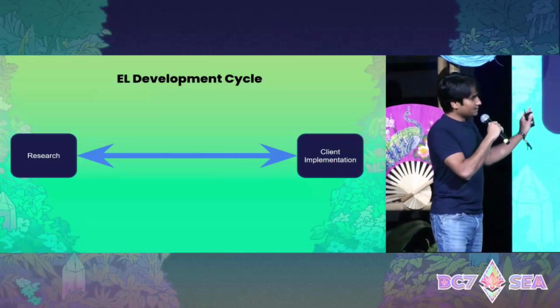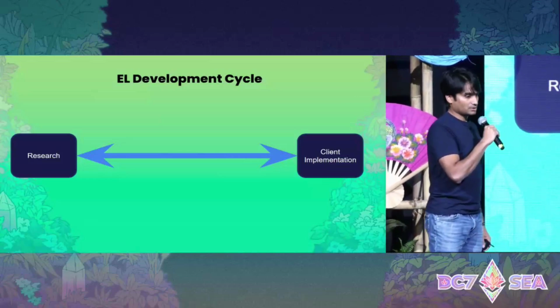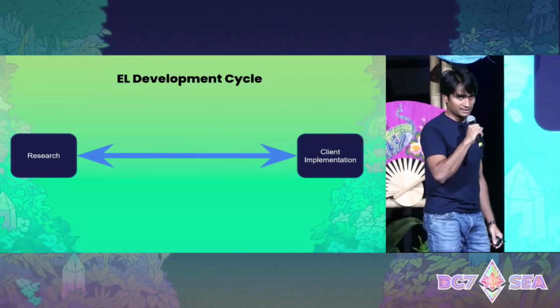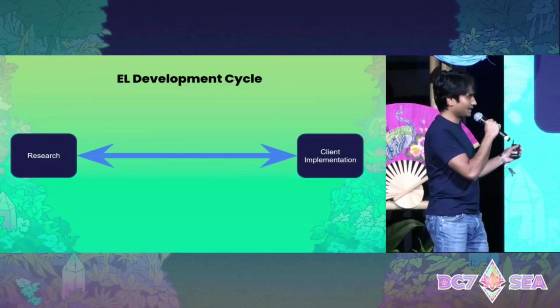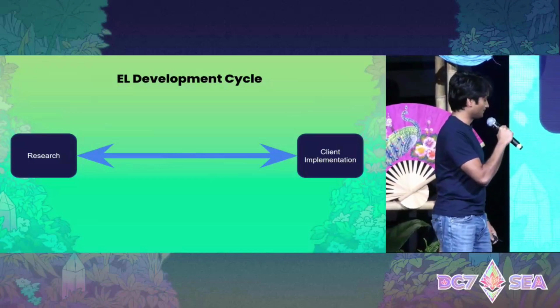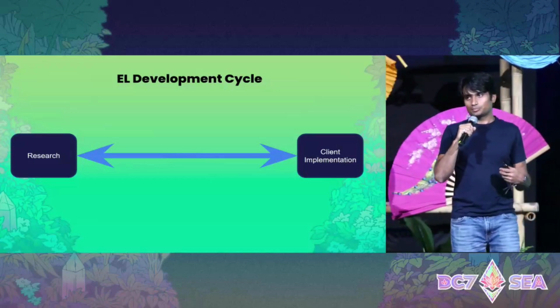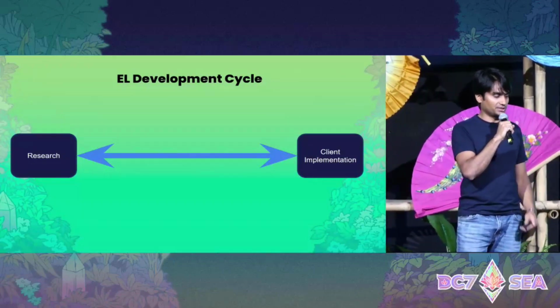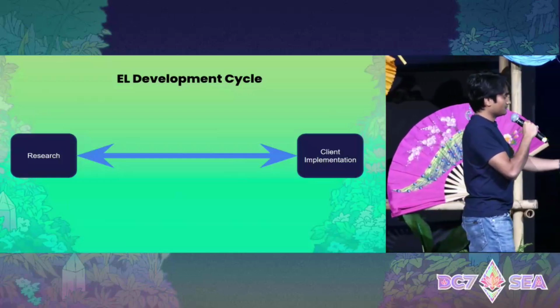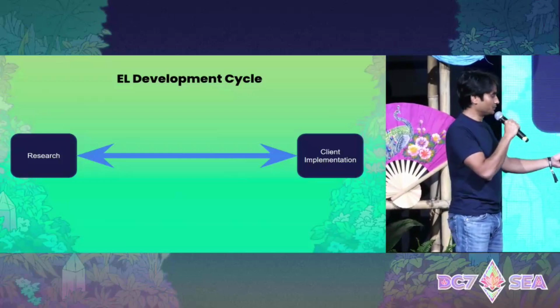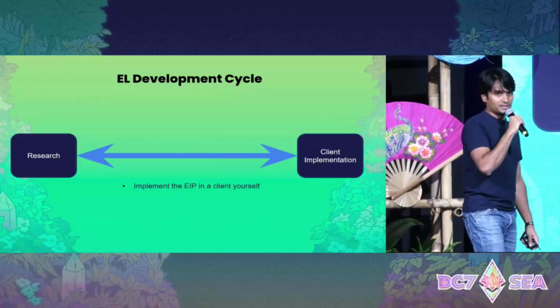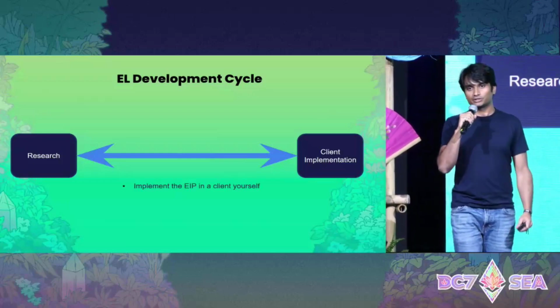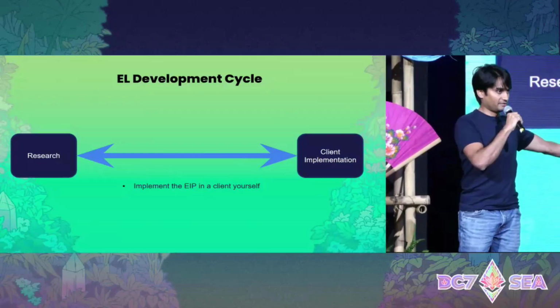Now, with this kind of a framework, there are a few implications for the EL development cycle. Let's say you are an EIP proposer, an EIP author who's proposing a new change. There will be a few implications for you. One of the first ones is you will have to update your EIP in one of the clients yourself.